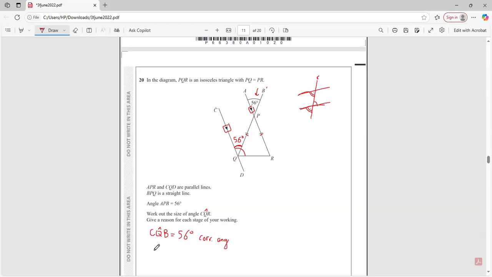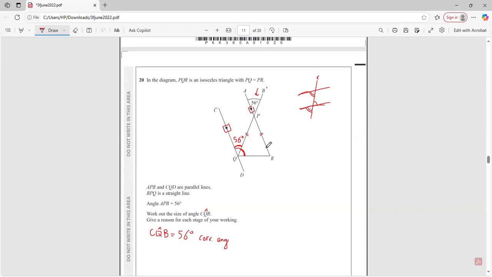Okay, next, the remaining angle we're to find now is this one that I'm reinforcing. So question is, how do we find it? Let's see if any other thing here can give us a clue. Good. I can see that I have an isosceles triangle here. So you know what I'm going to do?